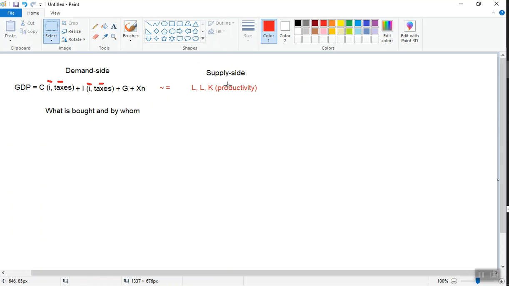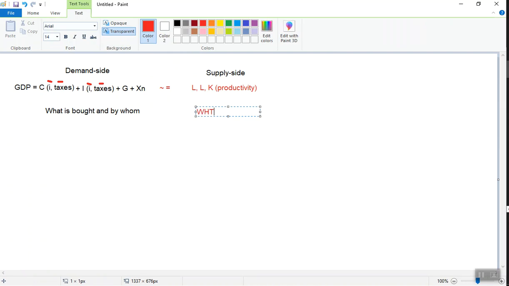And so that is how productivity modifies land. Labor, it modifies by the skill level that people have. Capital depends on how much that tech is helping us make other things. And so this side is what is made.